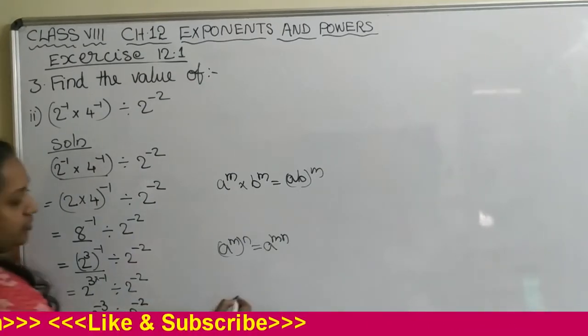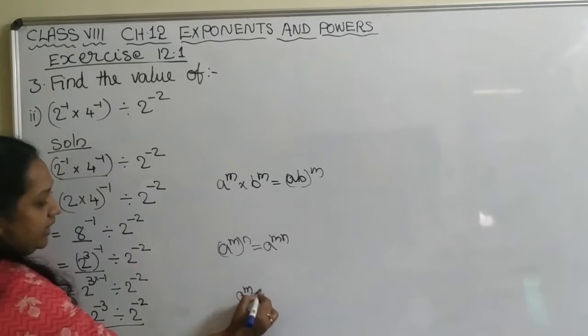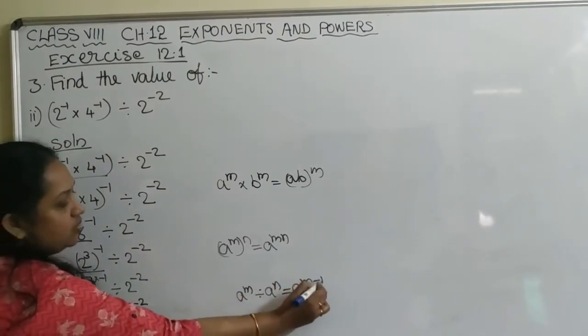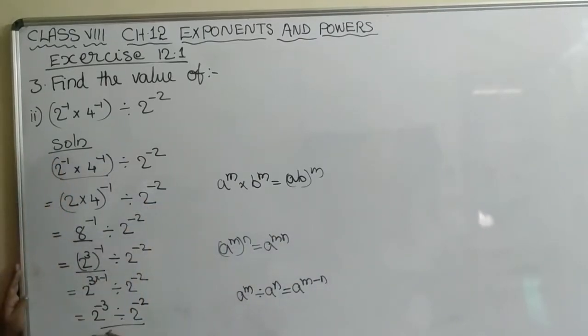This is of the form a raised to m divided by a raised to n equal to a raised to m minus n. So we can write the same base and subtract the powers. This means here we can use the rule of integers because the power a raised to m minus n, where m and n are integers.